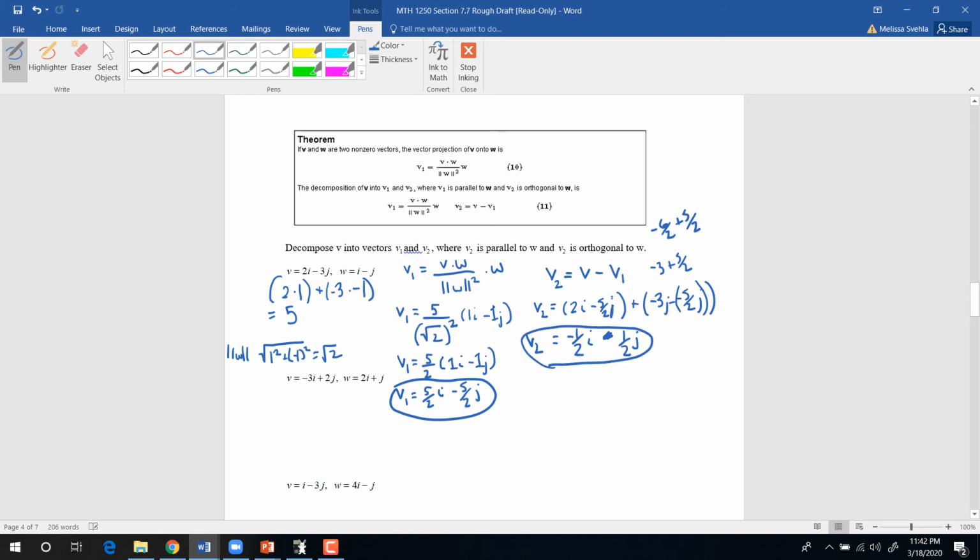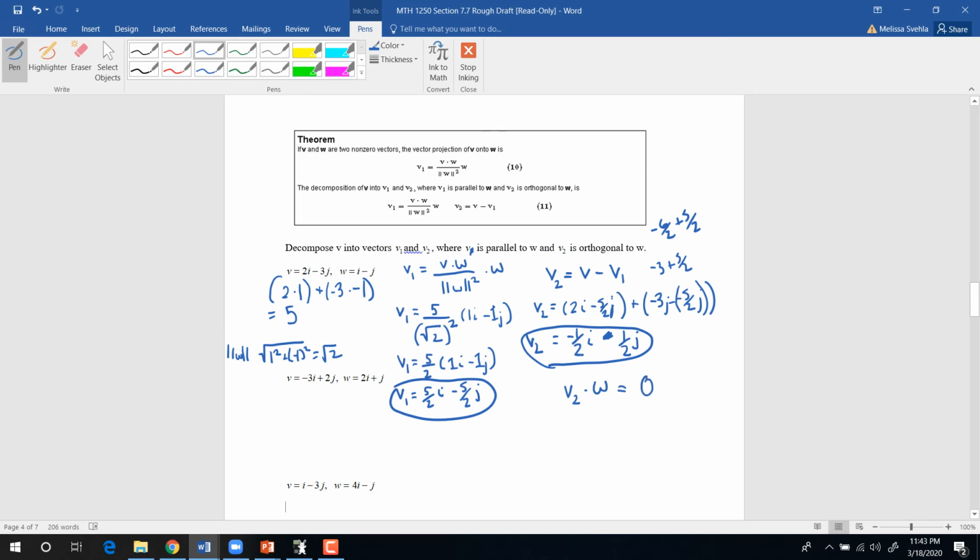Now here's the thing, okay? You can check by doing the following, because it says v1 is parallel to w, and v2 is orthogonal to w. So if I do dot product, if I do v2 dot w, it should be equal to 0.